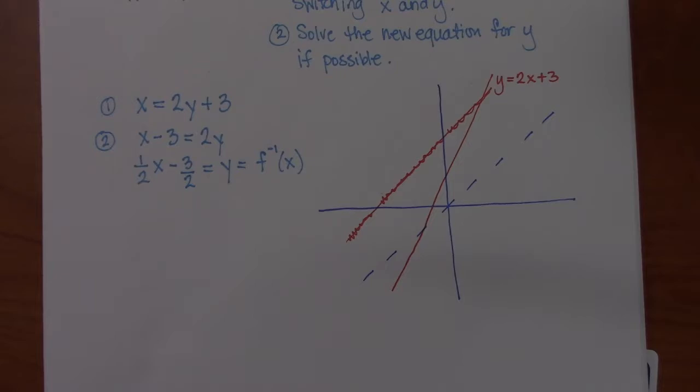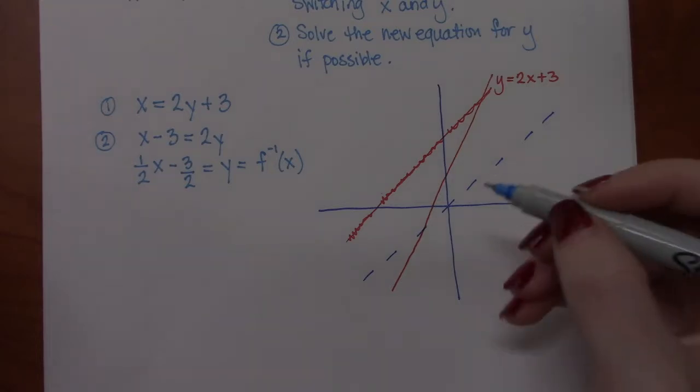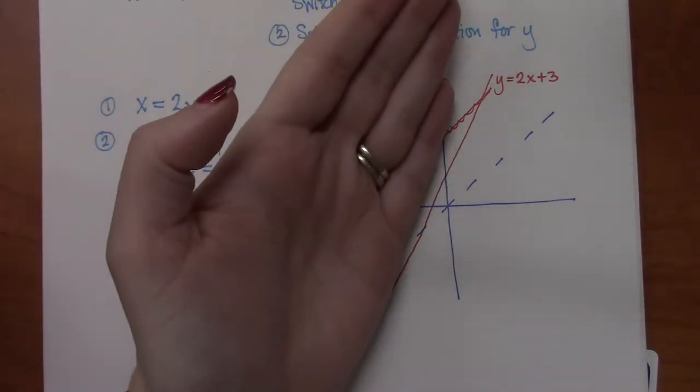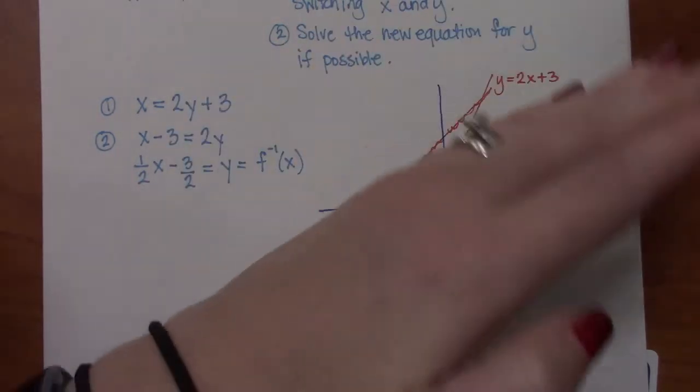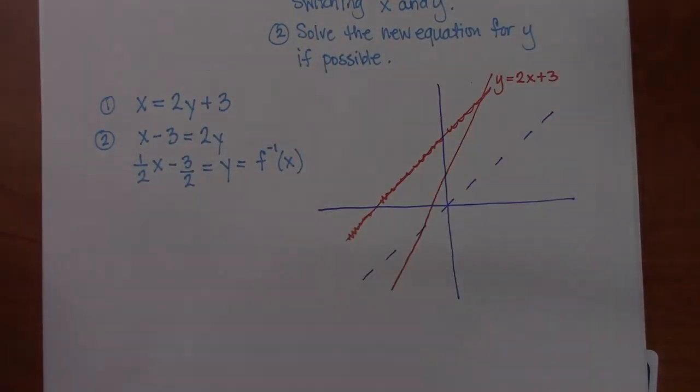Well, what was the slope of my inverse function? 1/2. Well, 1/2 is very, very small. It's actually kind of close to 0. So if I were to graph my inverse function on this graph, it's taking this line and reflecting it over this dotted line, reflecting it over the line y equals x.